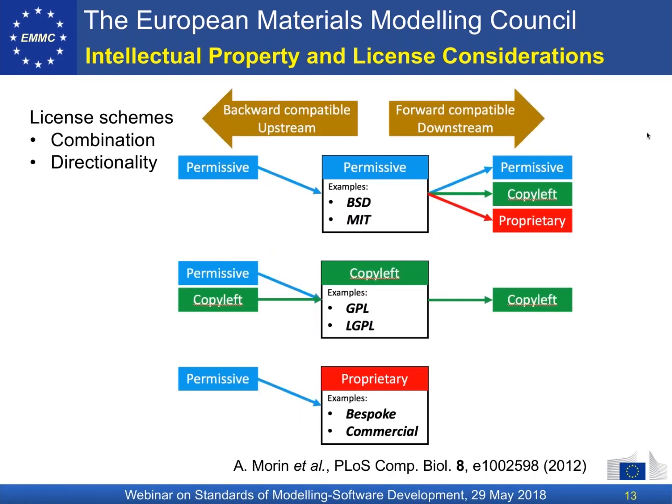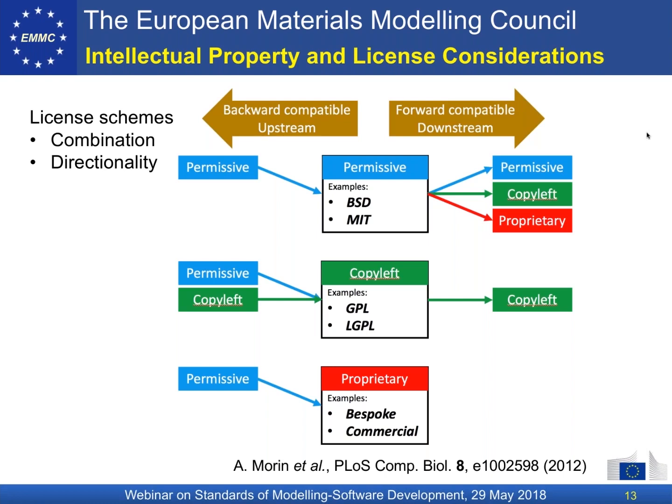Okay. If you deal with software licenses, you always have to think about backwards and forward compatibility. In this graph, you can see the different license types, namely permissive, copyleft, and proprietary. And if you have a permissive license, you can apply that to a code which has before been permissive.